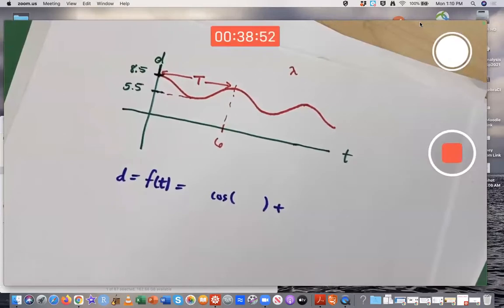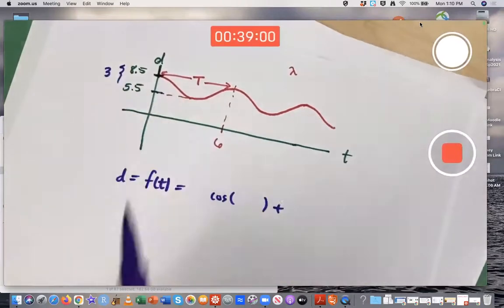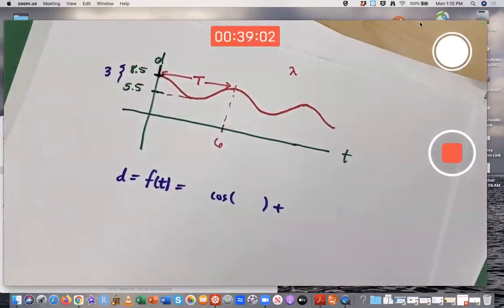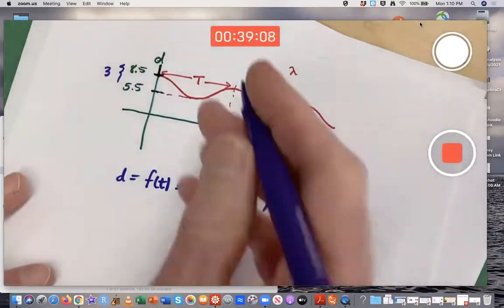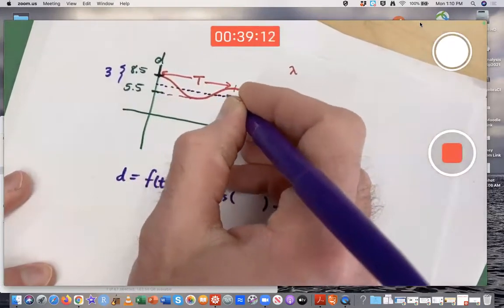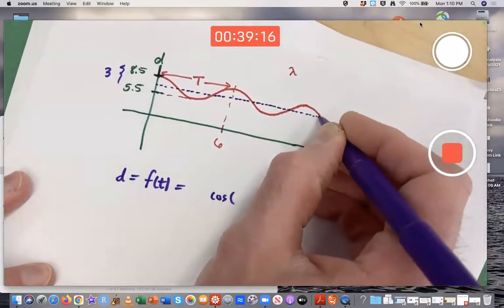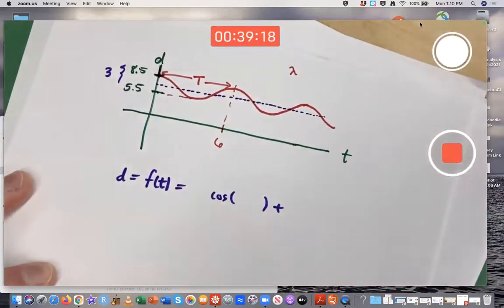Here's one big hint. The amplitude is not 3. That distance is 3. That might make you think the amplitude is 3, but it's actually not. It might be useful to try to figure out where this line is as well, that purple dashed line I just drew there.